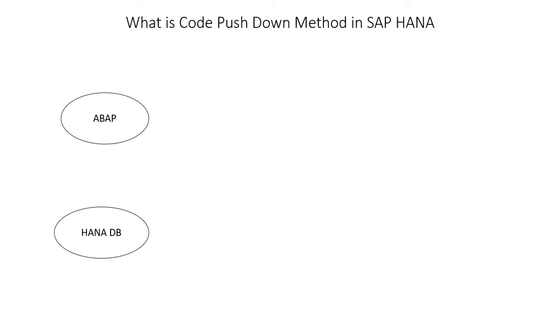If I tell you the history of SAP HANA, it primarily came as a replacement database. We have been using different kinds of databases in our projects, like Oracle, MySQL, DB2, but now SAP has provided a new kind of in-memory database.